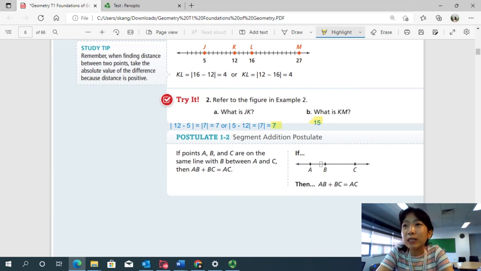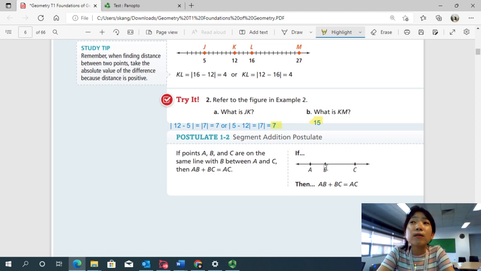Postulate 1-2, segment addition postulate. Now, if points A, B, and C are on the same line with B between A and C, then AB plus BC is AC. What does that mean? If they're all on the same line, they should have a unique coordinate, right?